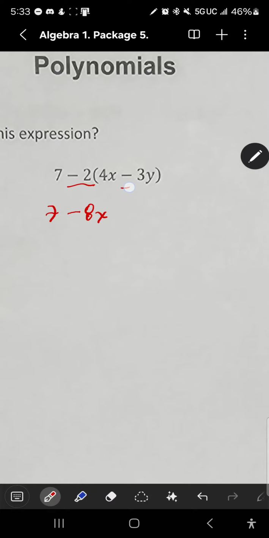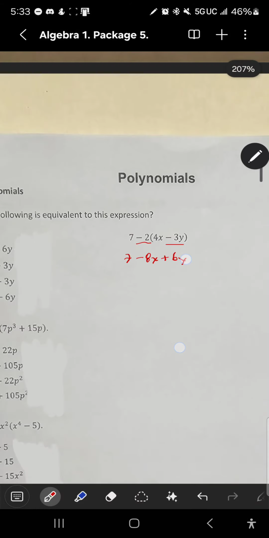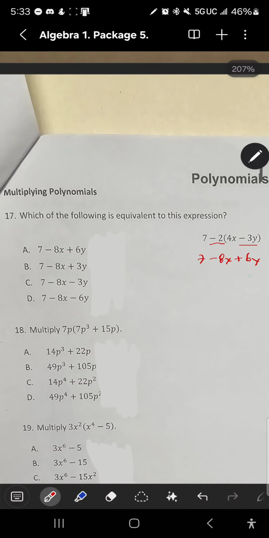Now, negative 2 times negative 3y, negative times negative is positive, and 2 times 3 is 6, so 6y. So this is our answer, which is B.